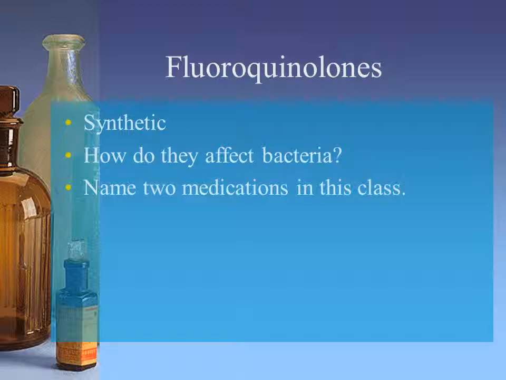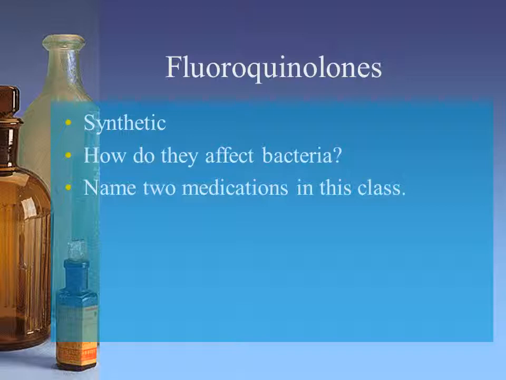Okay, we're down to our last group of antibiotics that we're going to talk about. And these are the fluoroquinolones. The fluoroquinolones are synthetic antibiotics that again have a broad spectrum of bactericidal activity. Even though they are broad spectrum, they are really especially effective against gram-negative organisms, but they do affect gram-positive organisms too.